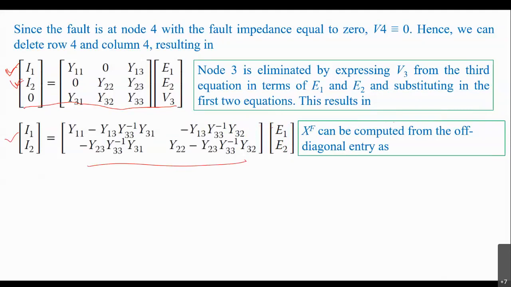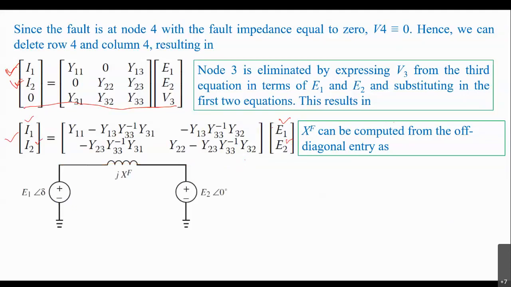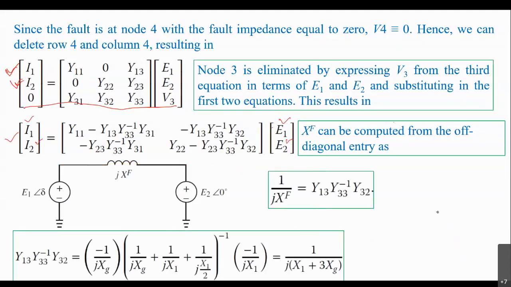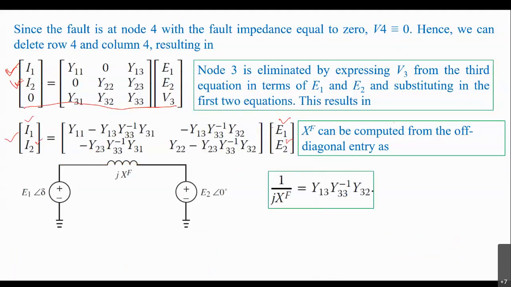So now we have a system with two nodes, where the current injections are I1 and I2 and the voltages are E1 and E2. Now from this we can easily find XF. How will we find XF? This is for the post-fault system.